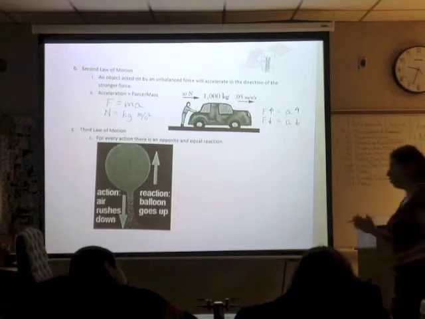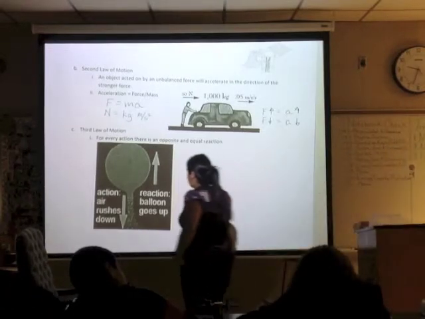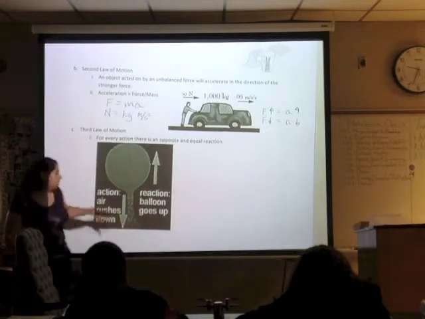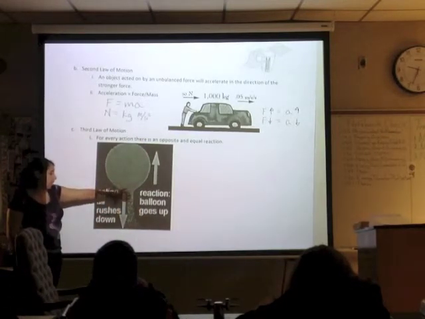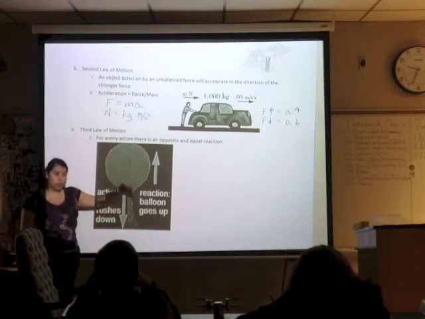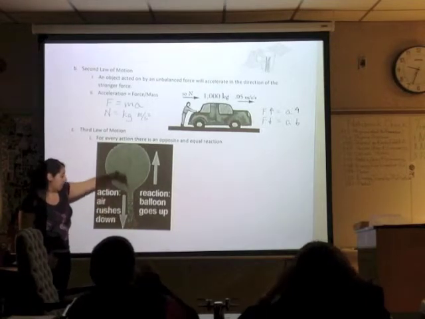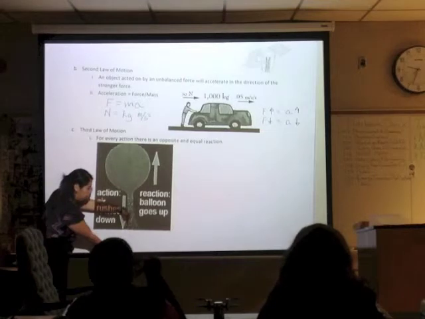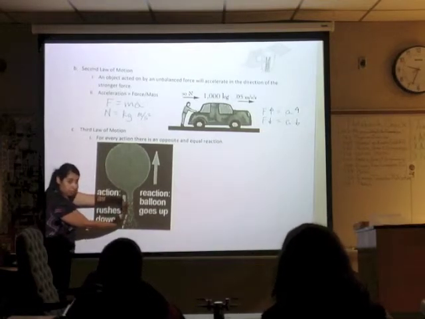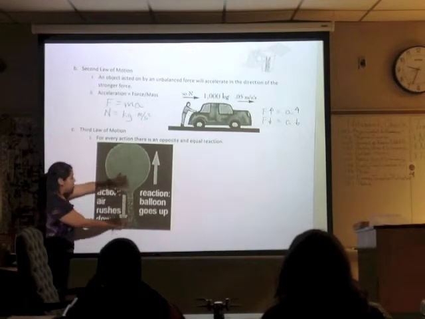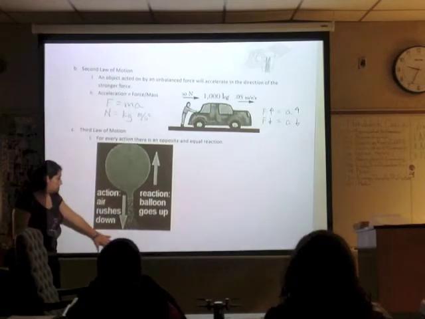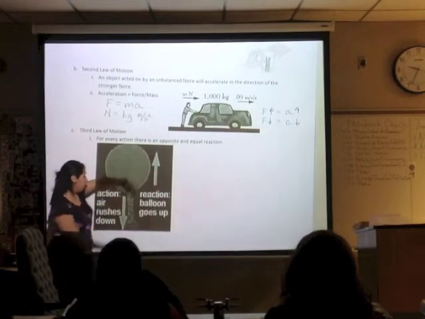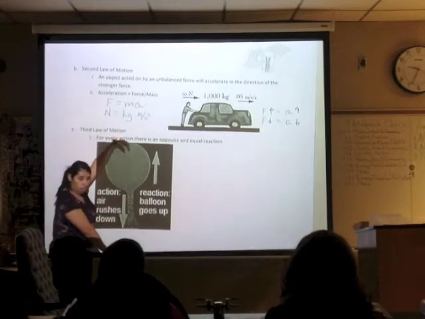An opposite, equal reaction. So if you look at this picture, you have a balloon. It's full of air. If I let that air go down, the air pushes on something and pushes back up. So you have this action rushing down, and the balloon goes up because it's being pushed up.